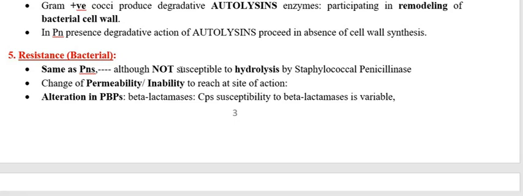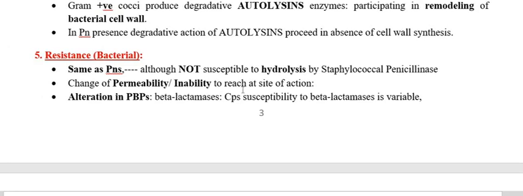If the drug does not reach the target site at sufficient concentration, how can the drug act? So there is alteration in permeability or inability of the drug to reach the site, by efflux or influx mechanism. When there is a problem with influx, the drug does not reach sufficient concentration, and when efflux is activated, the drug is thrown out from the target site. So in both cases, they change the permeability.